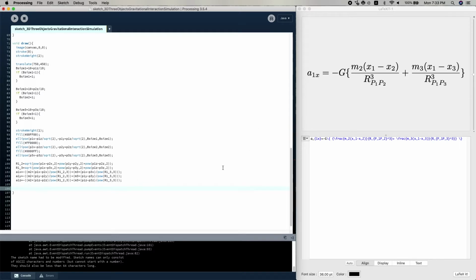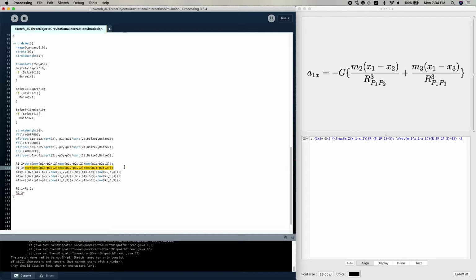So for a2, the acceleration values for a2, what we're going to need is from 2 to 1 and from 2 to 3, because they're relative to 2. And for 2 to 1, let's just say that's equal to 1 to 2. And 2 to 3, we would have to define a new one because we haven't defined any radius between P2 and P3, and that's going to be it.